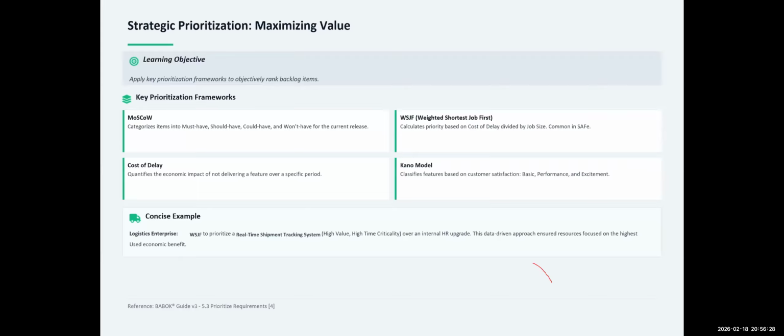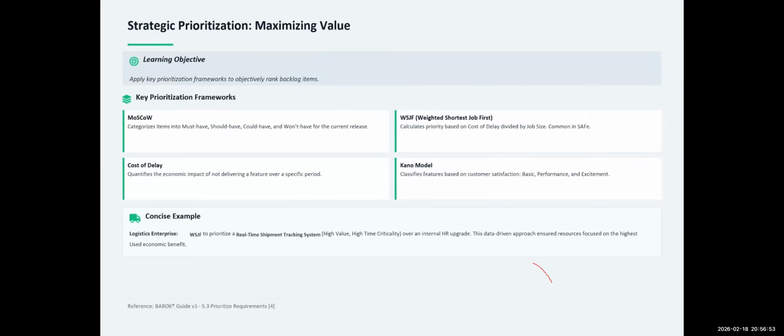It should be there. They are critical functionality. Okay, so must have, then should have, right? Are also critical, but not as critical as must have, for those products.